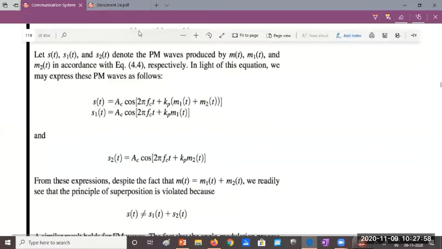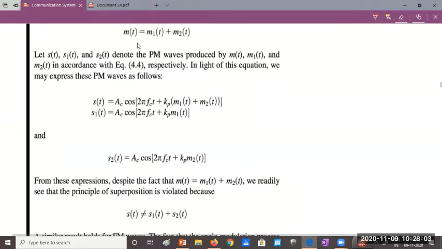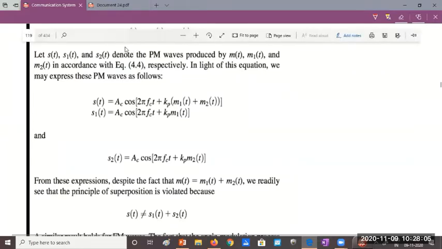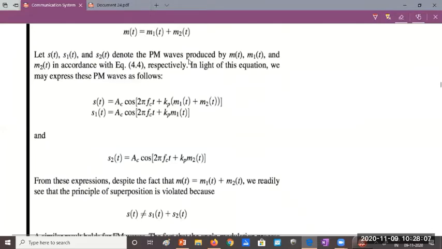As per the linearity theorem, if the message is the sum of two messages m1 and m2, whatever phase modulated signals were created by those individual messages, their sum should give the same result I obtained when I considered the sum of messages directly to obtain the phase modulated signal.